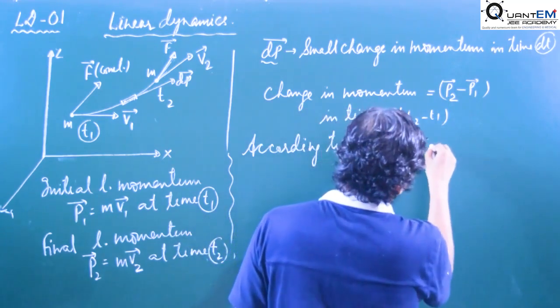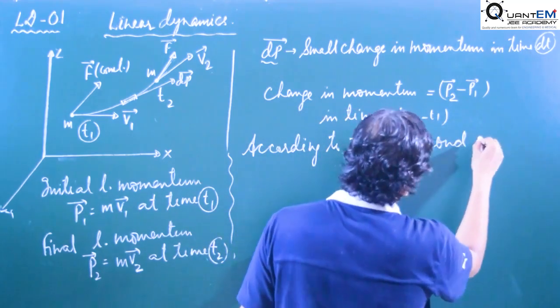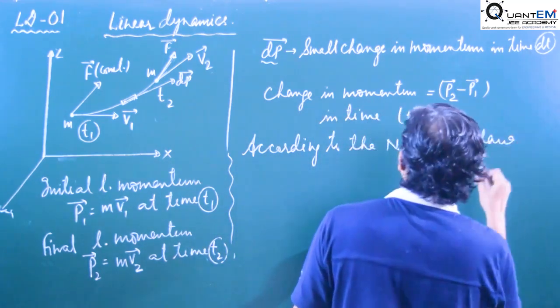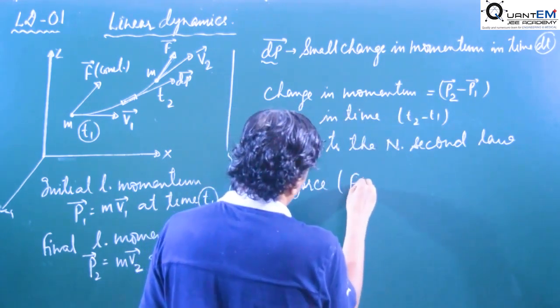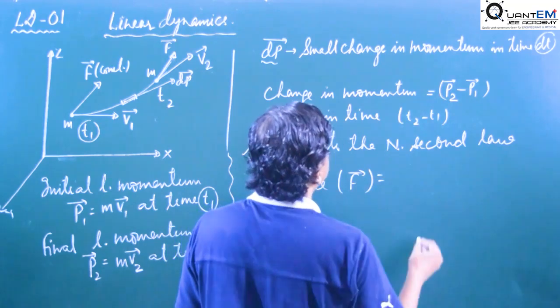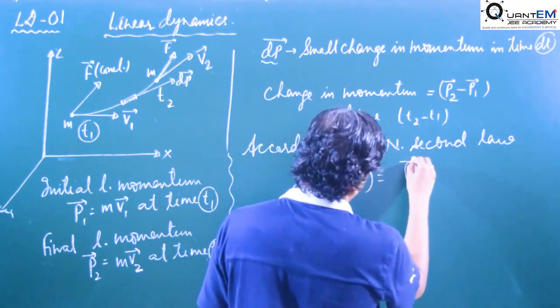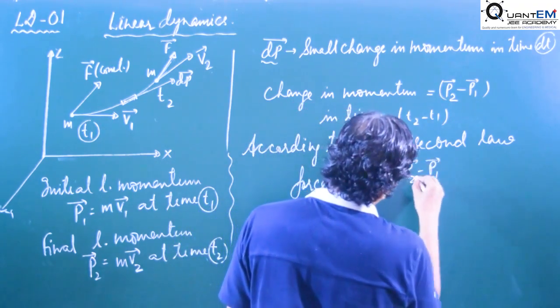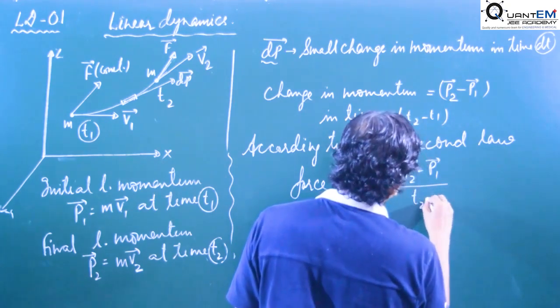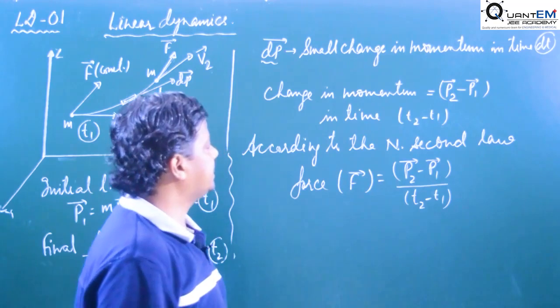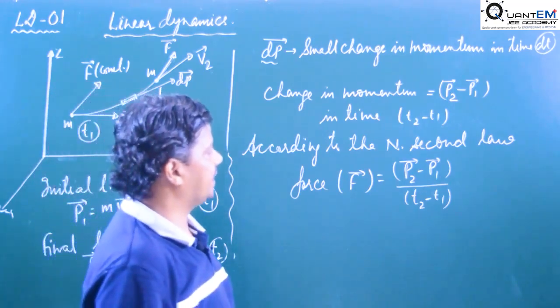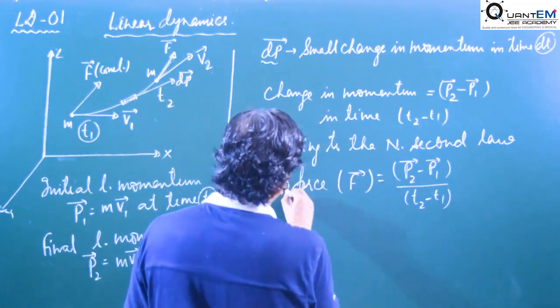So according to Newton's second law, force F we have is change in momentum by change in time. Change in momentum by change in time, that is the value of what? Force.